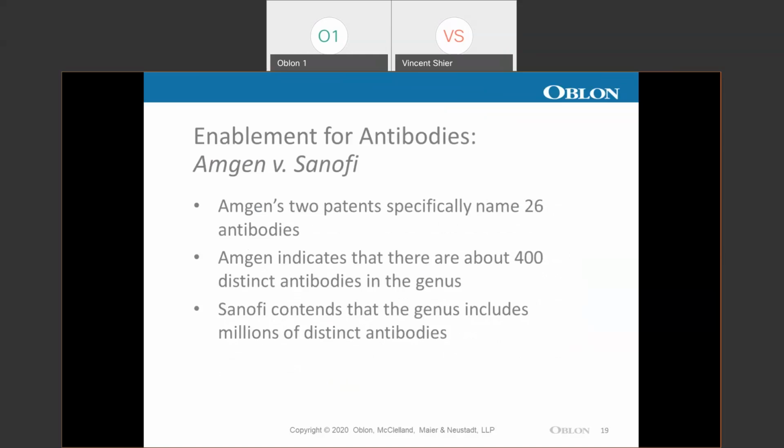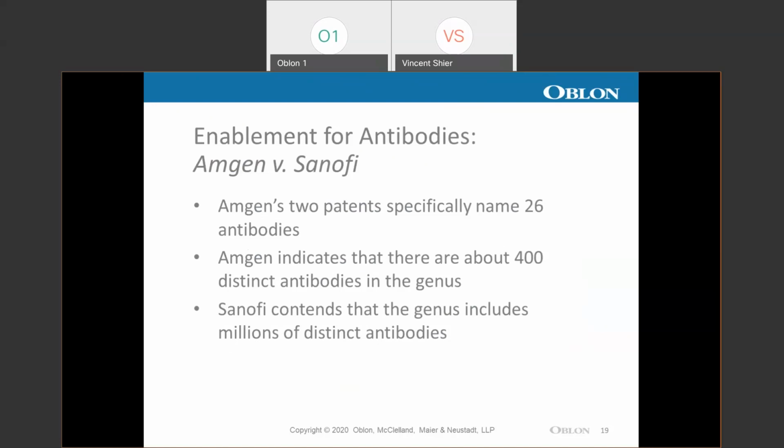At the center of the dispute in Amgen is what the scope of the claimed antibodies actually is. In particular, Amgen believes that the scope is only about 400 distinct antibodies and that 26 specifically identified antibodies in the patents is sufficient to enable the full scope of the claims by providing a representative number of species.